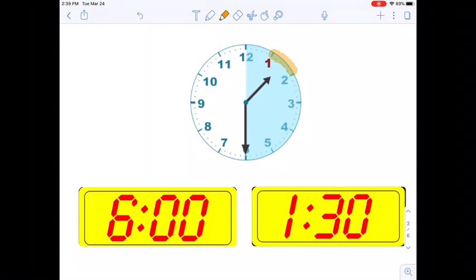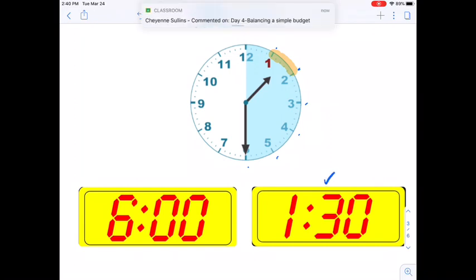But is it 2 o'clock yet? It's not 2 o'clock yet. So it's 1 something. And then we have to figure out how many minutes have passed. We know we count by fives. 5, 10, 15, 20, 25, 30 minutes have passed. So it's 1:30. This one is right.